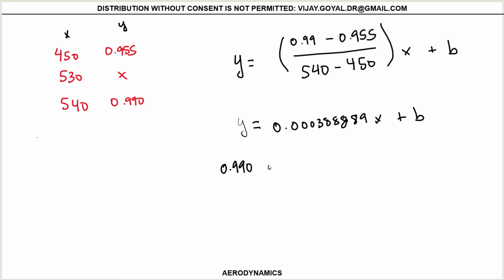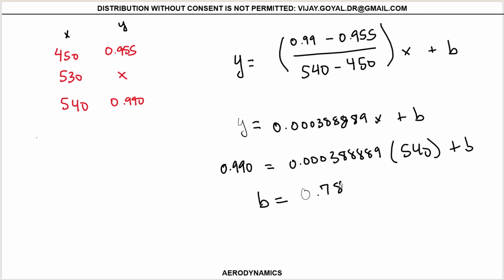That gives you 0.0003888889 multiplied by 540 plus b. Now you can solve for b, and b is equal to 0.78.